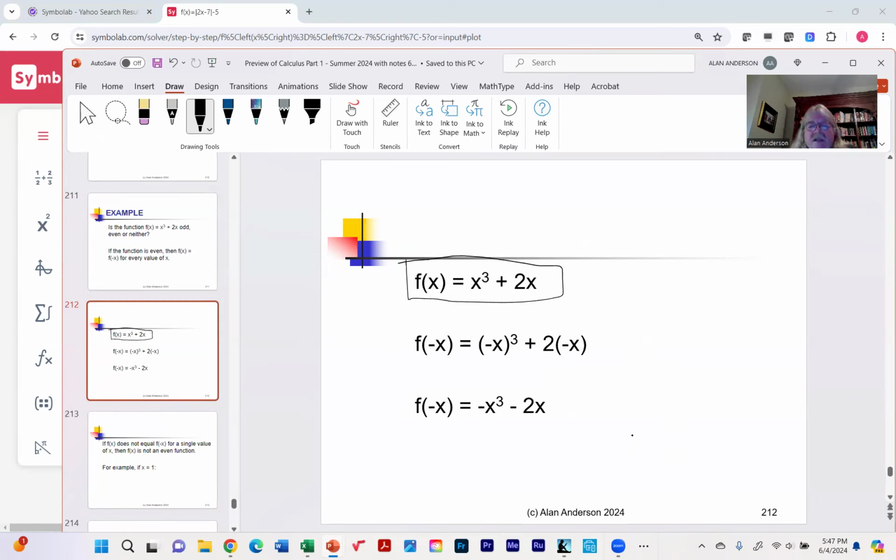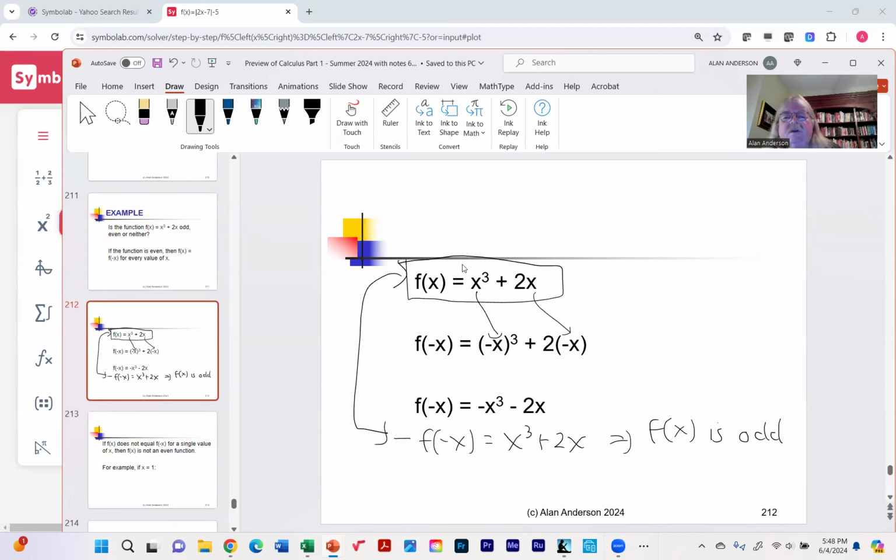F of negative x means each of these x's is being replaced with negative x. That gives me negative x cubed minus 2x, which in turn means that negative f of negative x is x cubed plus 2x. And guess what? That means these are equal to each other, and that implies that this function is odd.